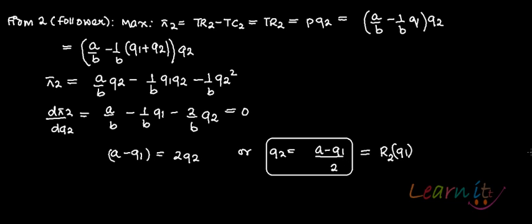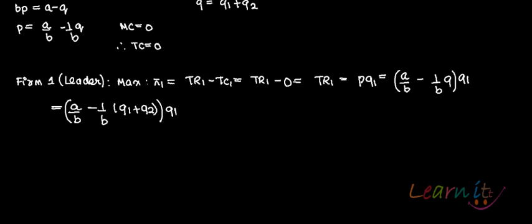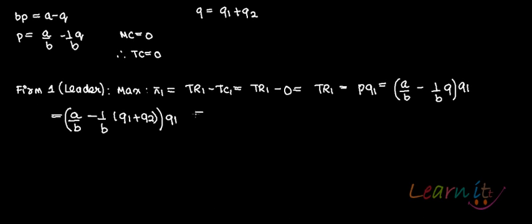So firm 1, who is the leader, incorporates the reaction function of firm 2 into its own profit function, which is A by B minus 1 by B Q1 plus the reaction function of firm 2, into Q1. Remember, it is incorporating the reaction function of firm 2 into its own profit function.